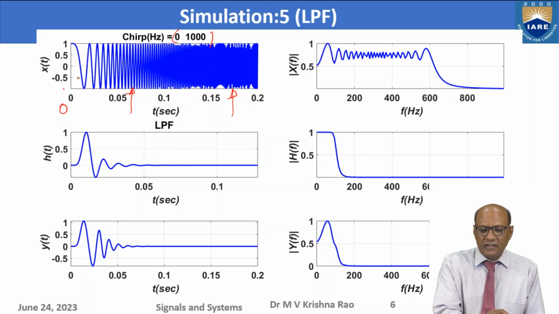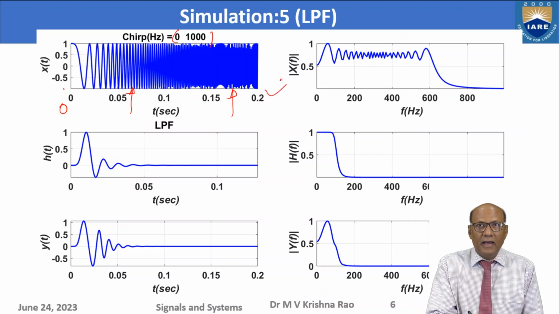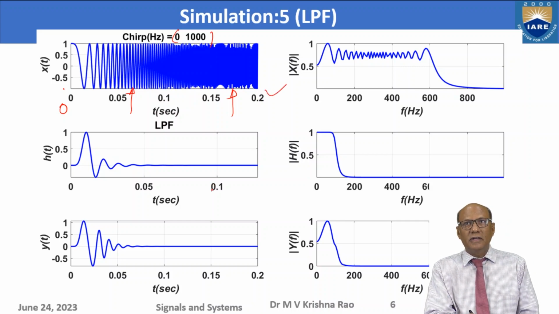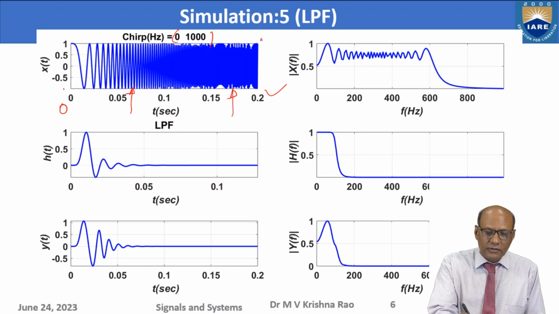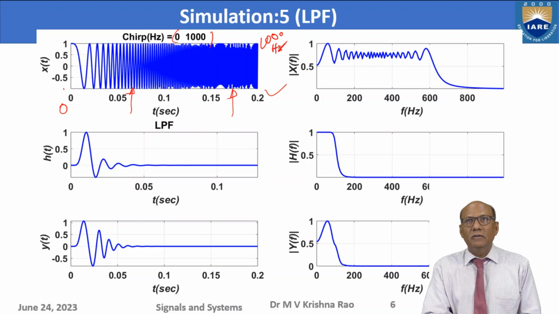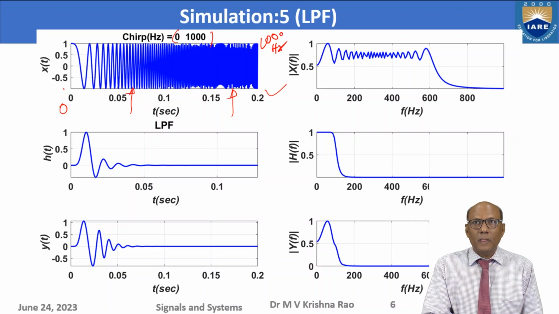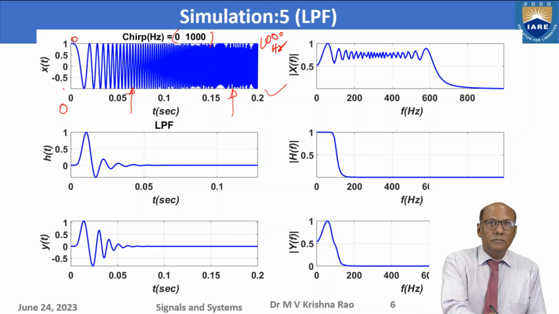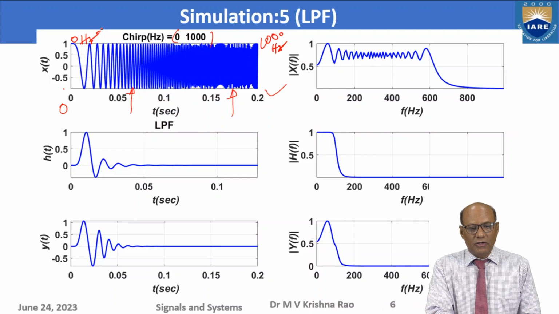At this point it is exactly 0 frequency, and at the end here, that is at 0.2 seconds, I have the 1000 Hz frequency. Okay, so that is what I have. So this is the input signal.